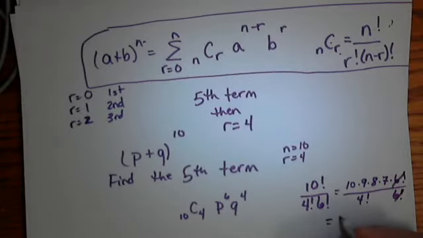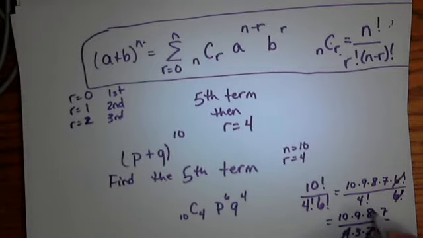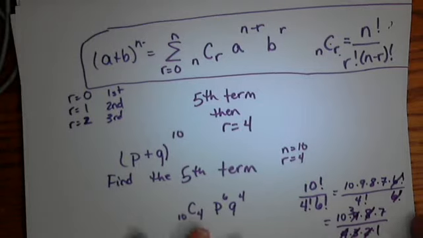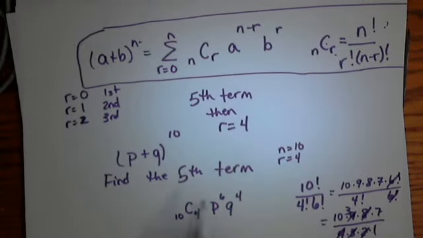That leaves us with 10 times 9 times 8 times 7 divided by 4 times 3 times 2 times 1. 4 and 2 are going to be 8. 3 goes into 9 3 times. So that leaves us with 10 times 3 times 7. 21 times 10 is 210. So the fifth term, 10 choose 4, is going to be 210 p to the 6th q to the 4th. That will be the fifth term of our expansion. And that's the only one we care about.